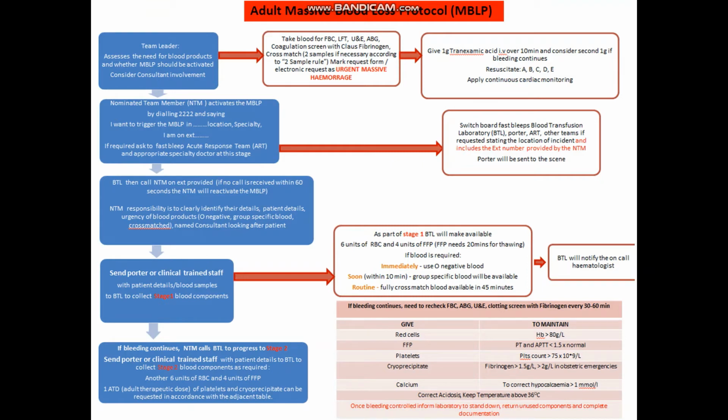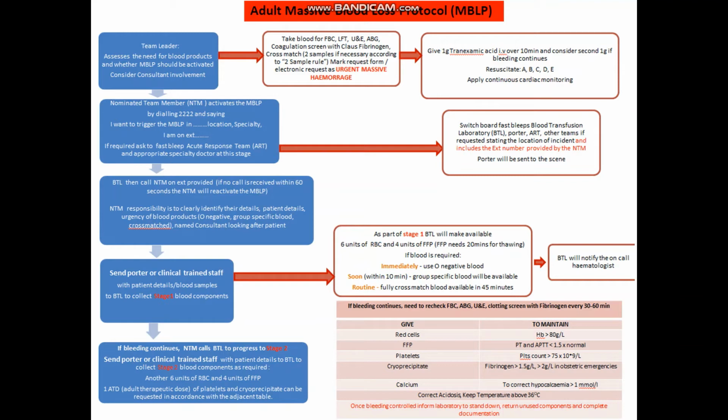So, this is an overview of the adult massive blood loss protocol. You can see we've got the bits in blue, which is more of the clinical side, and then moving on to the other bits are more for the lab. So you've got the team leader will assess the need for blood products and whether massive blood loss should be activated, considering consultant involvement.